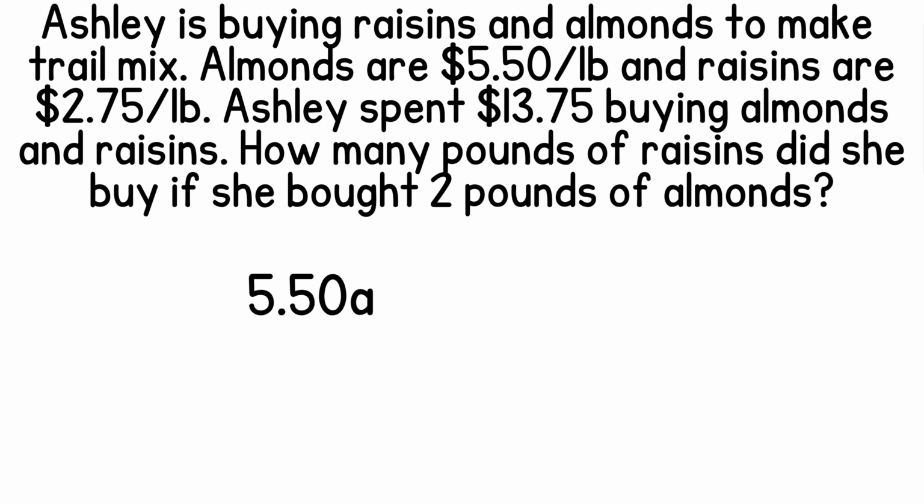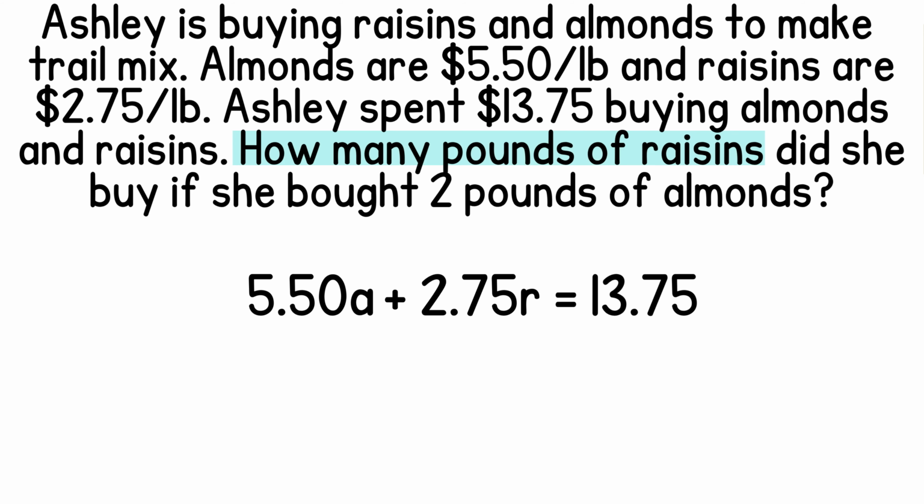So we can write this as 5.50A. We also know that raisins are $2.75 a pound. So we can write this as 2.75R. And we know that she spent $13.75 altogether. So we'll set our equation equal to $13.75.